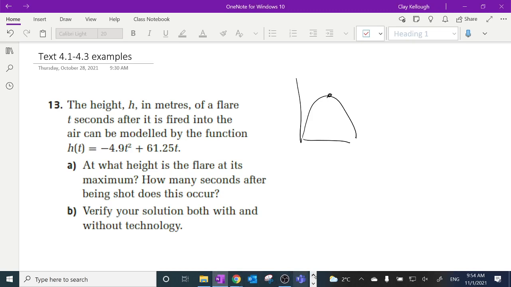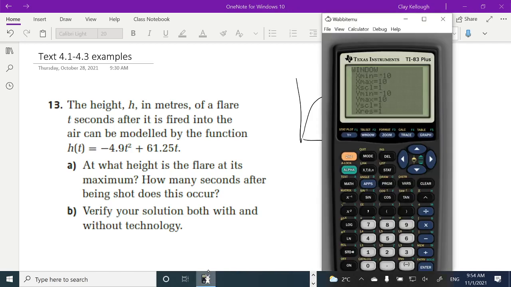So we have a couple things we can do. We can go to zoom, and if you click down to zoom 0, sorry, zoom 0 is zoom fit. And if you hit enter, there we go.